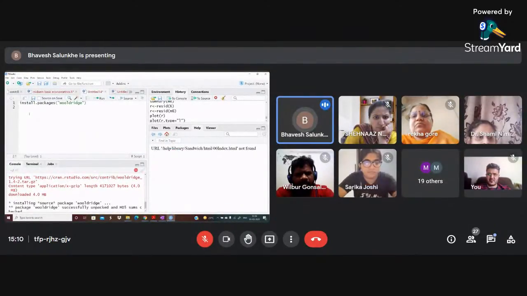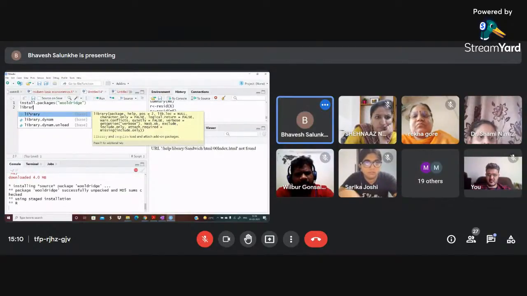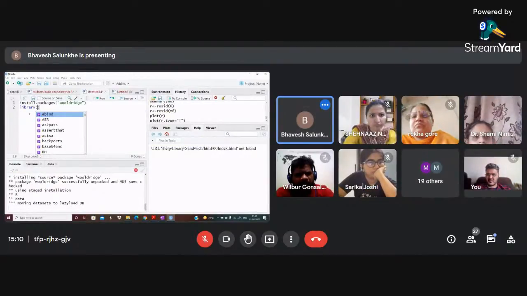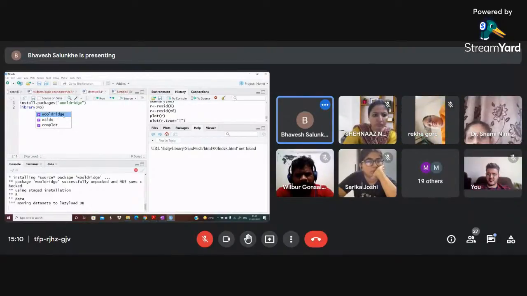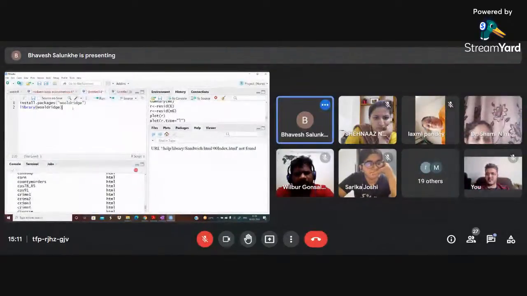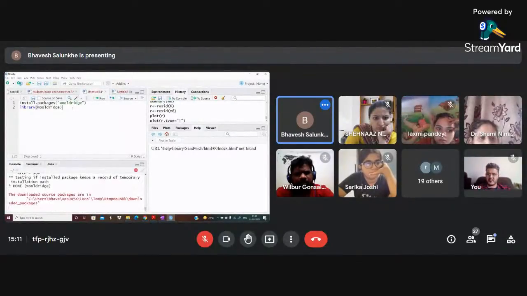Once this package is installed, load that package by using the command library. So the package is downloaded in my case.